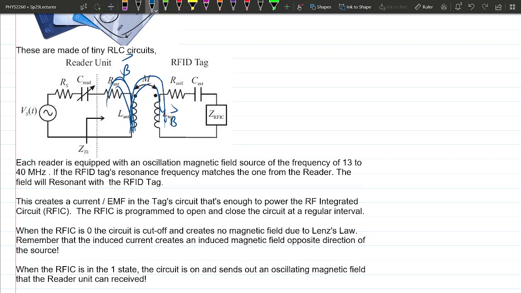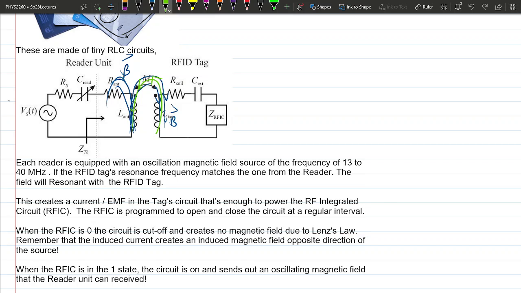That's what powers this little chip here, okay? If that thing is connected, then it creates a self-generated, induced magnetic field. Remember that if you have a magnetic field that's increasing this way, it's going to generate a magnetic field going back out here. So that's how the two communicate with each other.